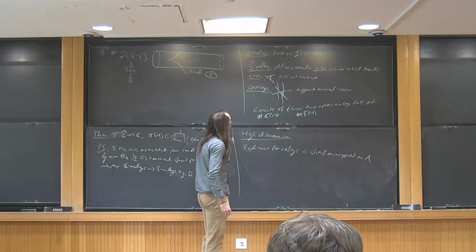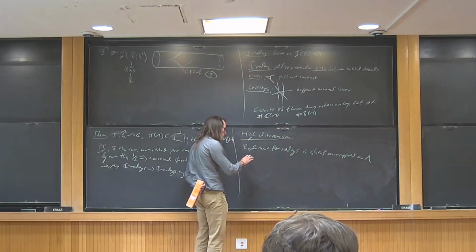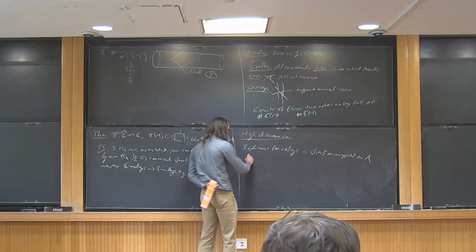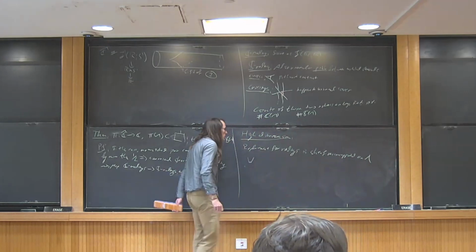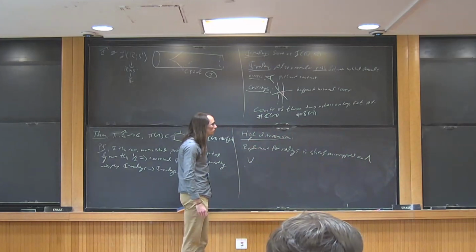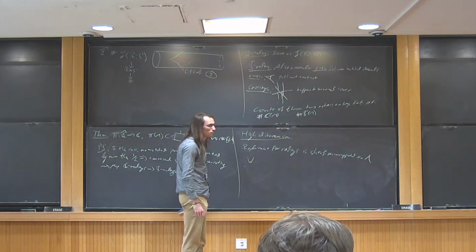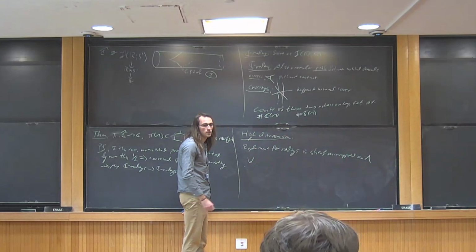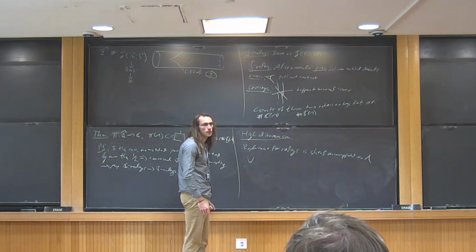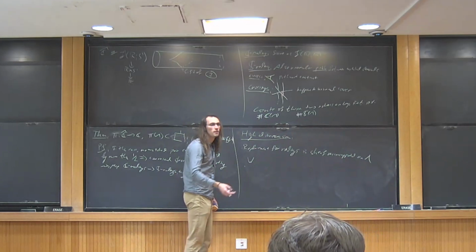So what does this mean? In general, if you prefer holomorphic curves, this is like some kind of partially wrapped Fukaya category, or some object of a partially wrapped Fukaya category, where the stop is on lambda.